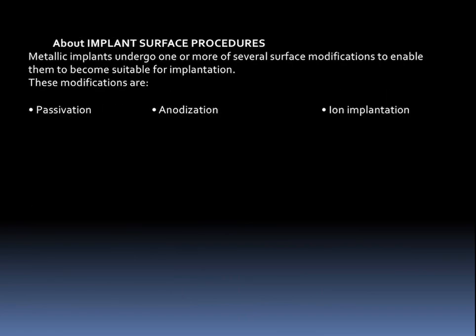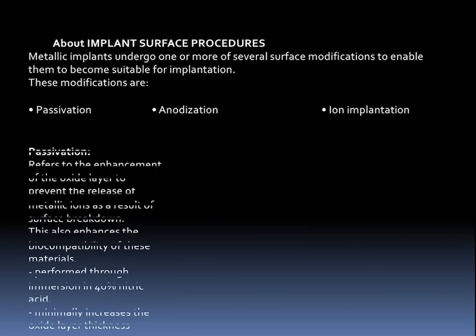Now when we talk about the implant surface procedures, there are various procedures for modification to make the dental implants suitable for implantation and osseointegration. The three procedures we generally talk about are passivation, anodization and ion implantation.